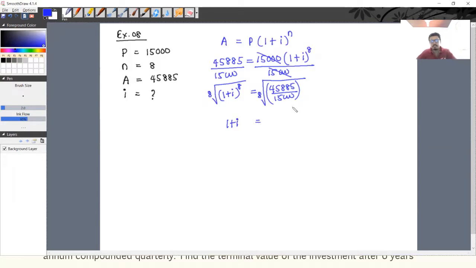Here, what is the value? Once you simplify this one, press the 8th root button, shift. Open brackets, 45,885 minus 15,000, close the bracket, equals... 8th root of 45,885 divided by 15,000.